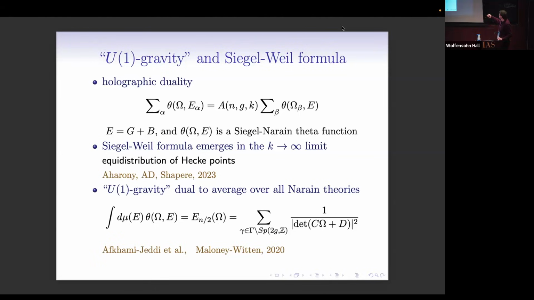And this sum will also simplify, and in the end of the story, you will uncover the result of these two works, 2020 works, where an average over the whole Narayan moduli space was shown to be equal to the Eisenstein series, and that was interpreted as a sum over handle bodies of some bulk theory, which was called U1 gravity. So I want to explain what U1 gravity is in some simple terms.